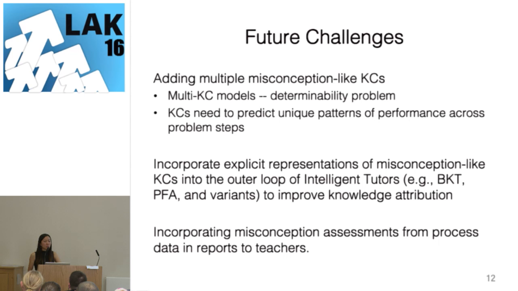I think one thing we should do is move beyond, as I mentioned, the 1-0 correctness coding in terms of attribution. We should start using actual student responses for that. It makes a lot of current modeling techniques very tricky to adapt, but I think it's a really important goal, because it will allow us to get around the determinability problem, right?